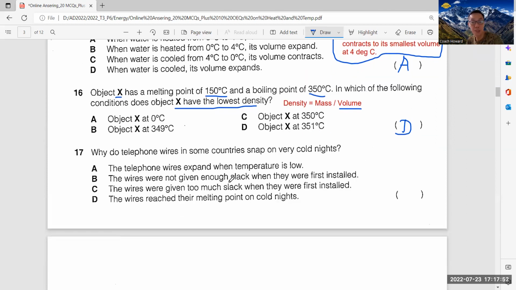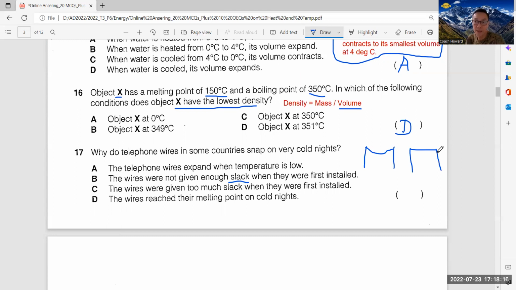Okay, some students ask me what this word slack is. When a wire in a telephone cable is slack, it means it hangs loosely. If it's not slack, it means very tight. In countries where they have winter, during winter everything will lose heat and contract.